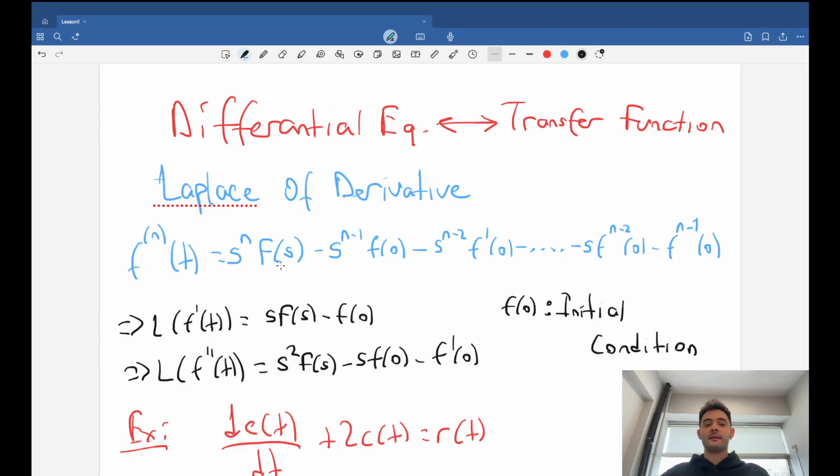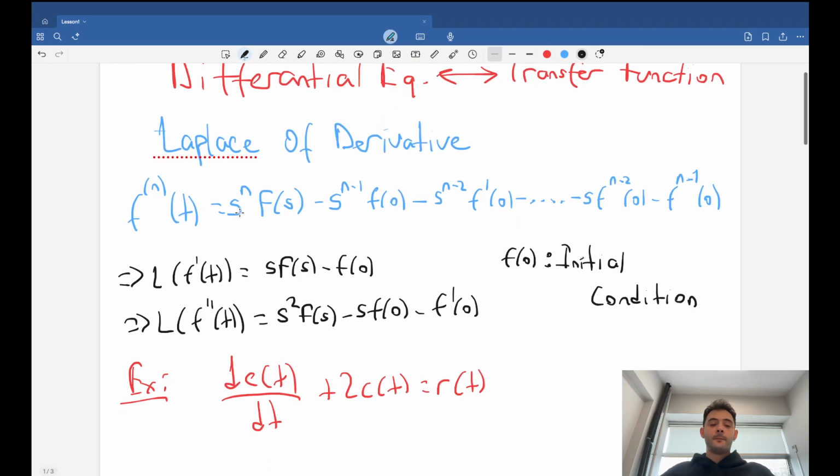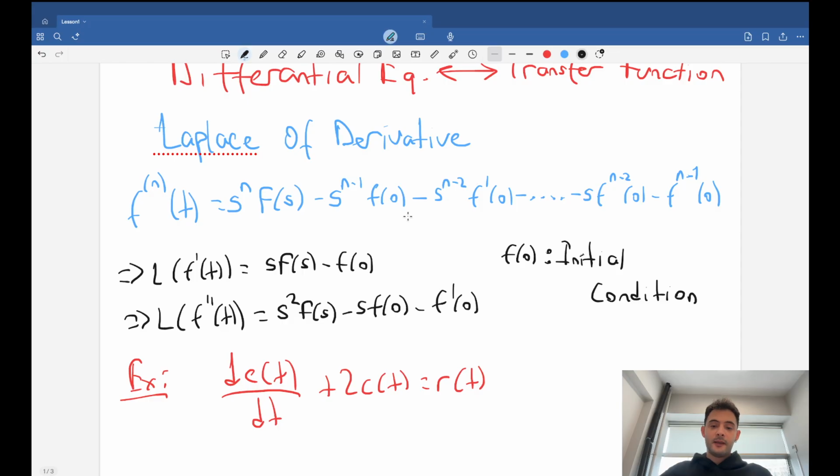Well, you see there's the general expression of the Laplace of a derivative. f(0) means initial conditions, F(s) is the Laplace form of f, and f(t) is the normal time domain representation of the function f. So if there's a first order derivative and you are asked to apply a Laplace to find its frequency domain representation, you will just put 1 instead of this n.